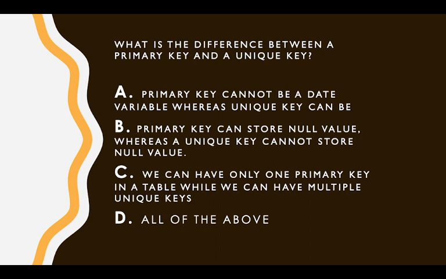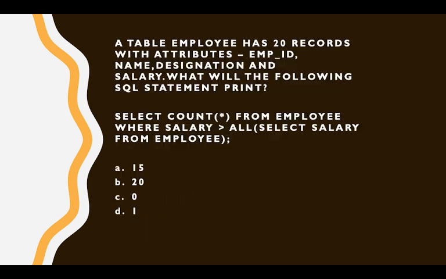Let us move ahead to our next question, which is question number 9. Okay. So the question says a table employee has 20 records with attributes employee ID, name, designation, and salary. What will the following SQL statement print?